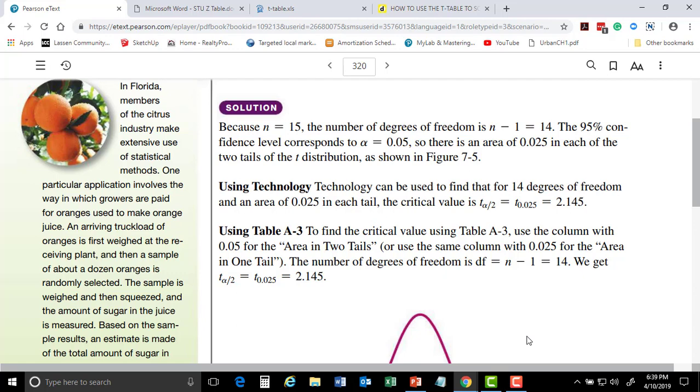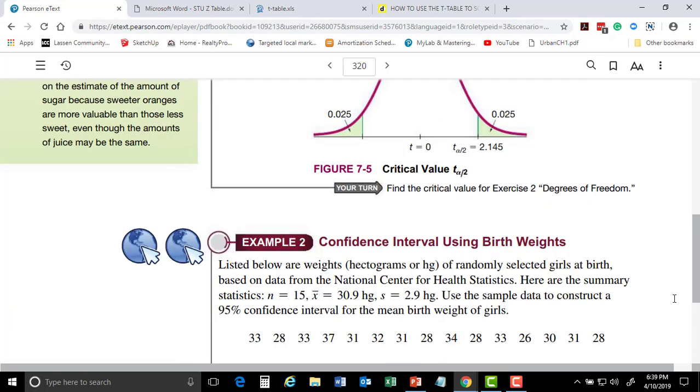So what was the mean? N is there, and degrees of freedom. Do I need this one or this one? Okay, here we are. Somebody write that down. We don't know sigma, but we know s.